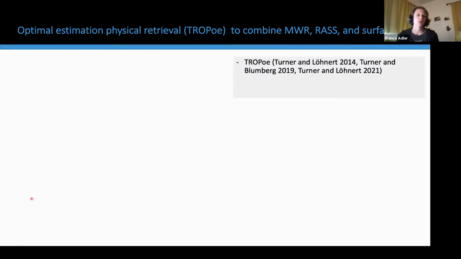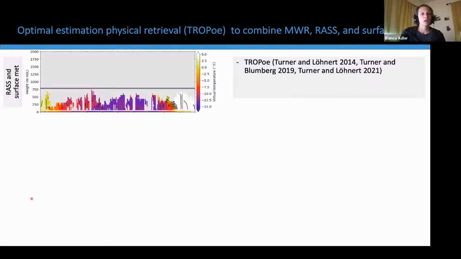And in my case, I combined data from a microwave radiometer, from a radio acoustic sounding system, short RASS, and from a surface station. So the RASS is an active remote sensing instrument, and it has the advantage of a high vertical resolution and a good absolute accuracy.